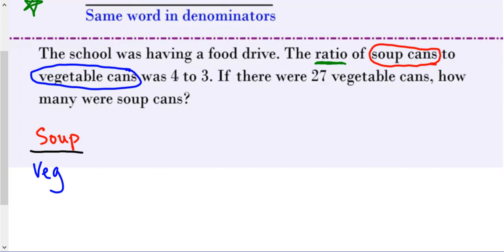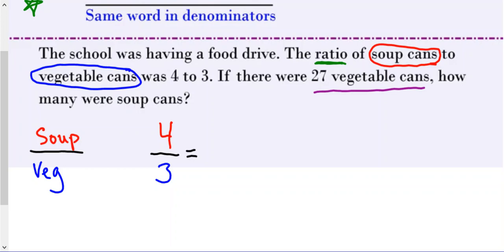Okay, and then if we just take the information that they give us and plug it in, our ratio is 4 to 3, so that is 4 soup cans to 3 vegetable cans. So I'm going to set that up as 4 to 3. And then the other information that they give us is there was 27 vegetable cans.